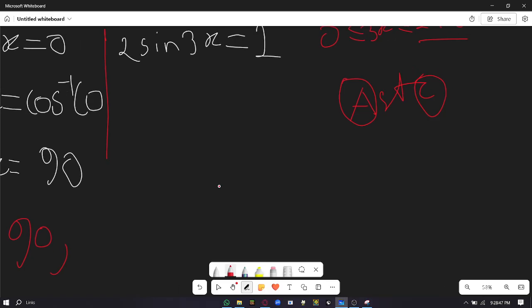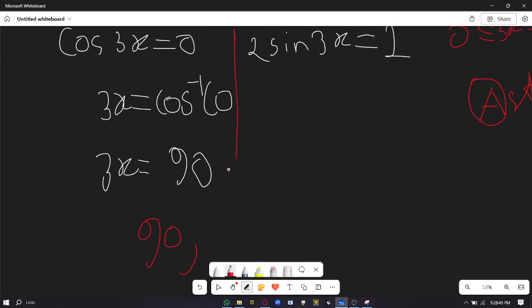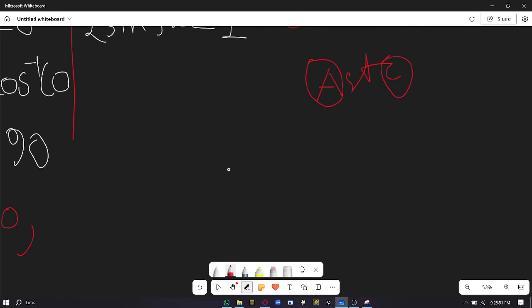We'll also have the fourth quadrant, which, if you remember the pattern, is plus, minus, plus, minus. This means positive, 180 minus that value, 180 plus, 360 minus.